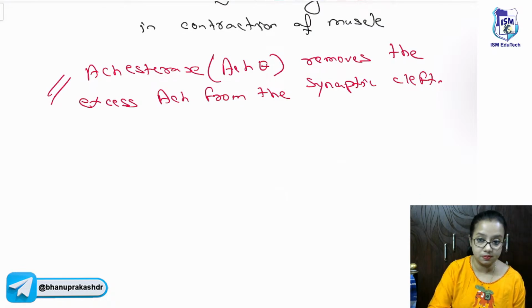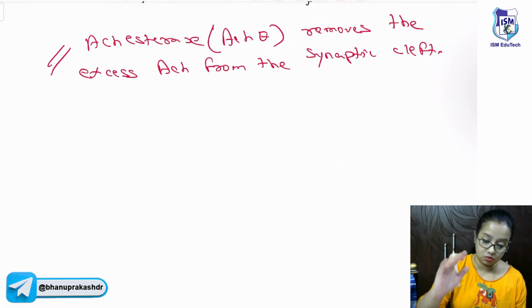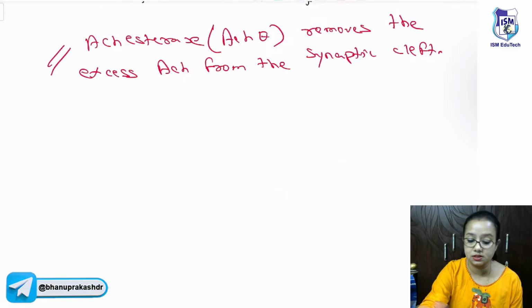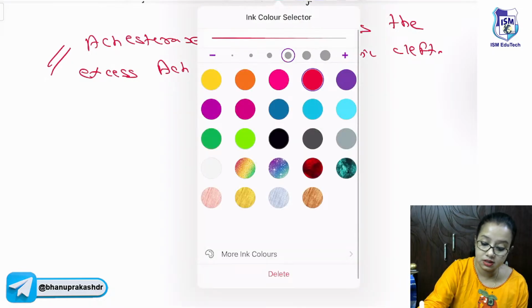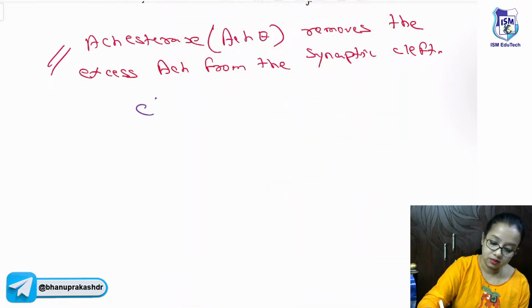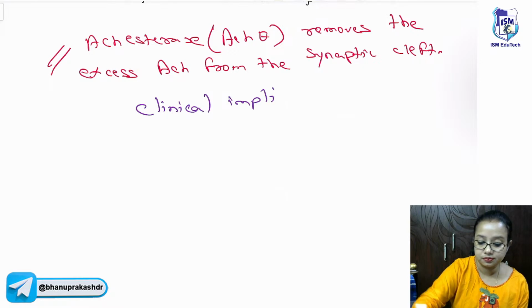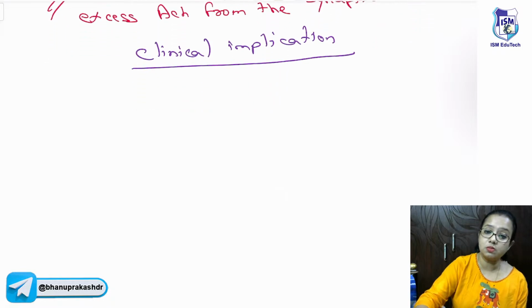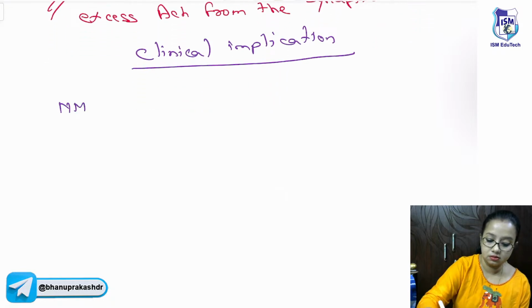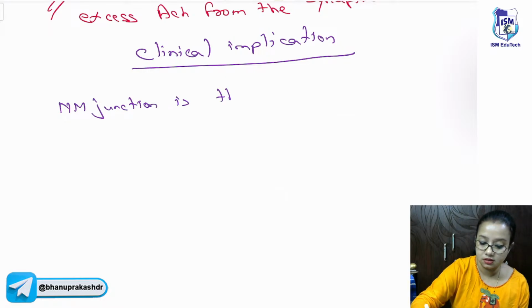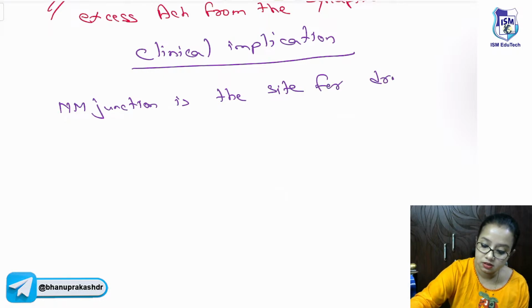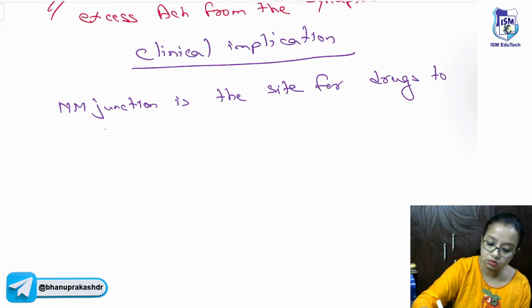Now, clinically, what is this neuromuscular junction used for? What is its clinical implication? Okay. Now, the neuromuscular junction is the site for drugs to act.